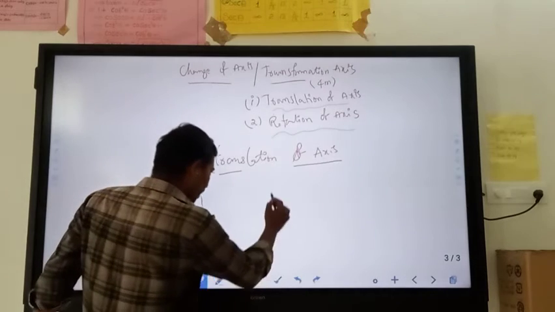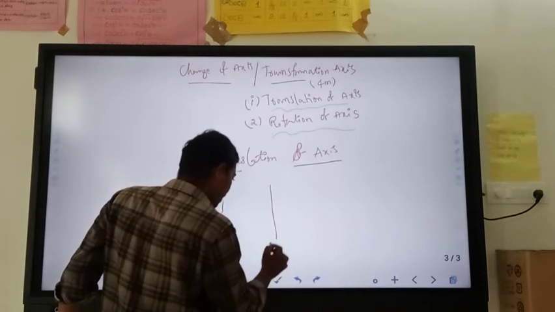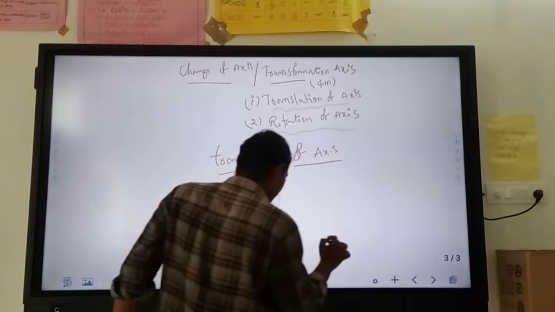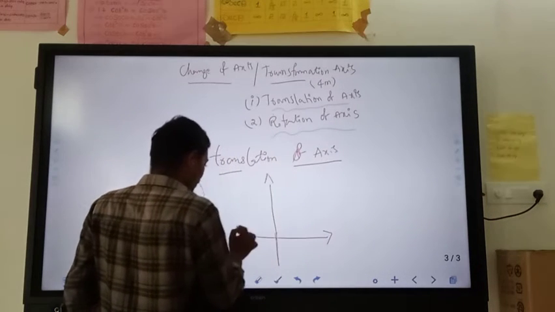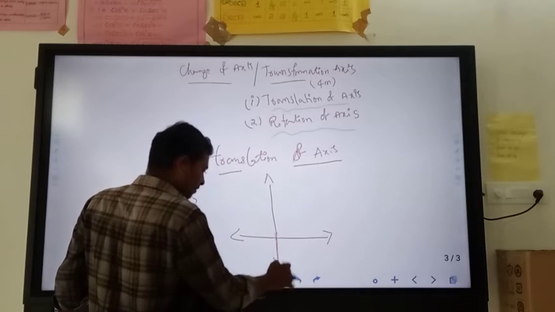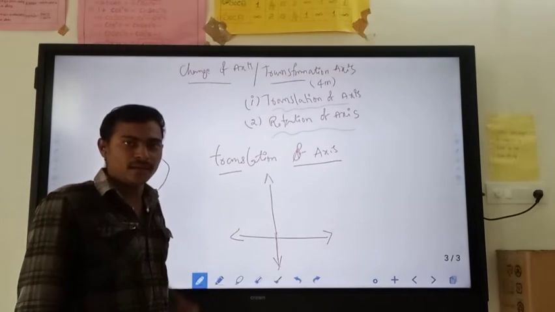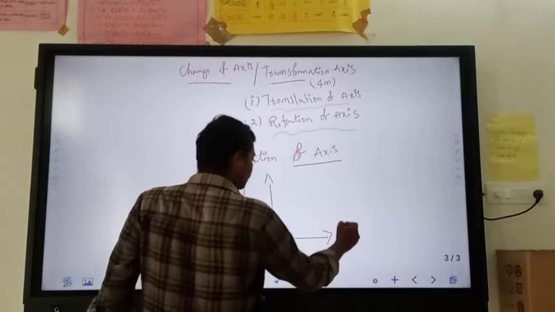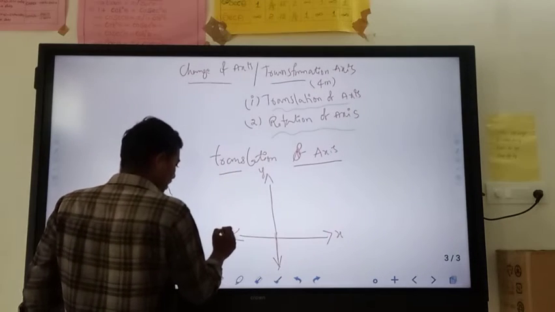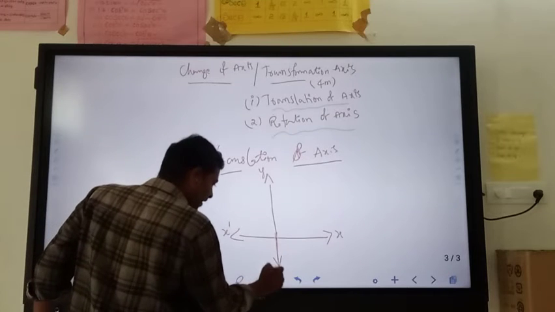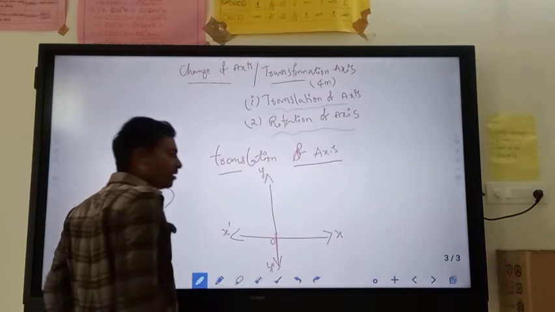Now we are taking one real axis here, with small x, small y, and here x dash and y dash. It is any origin.